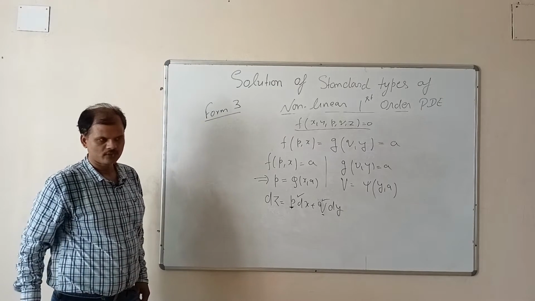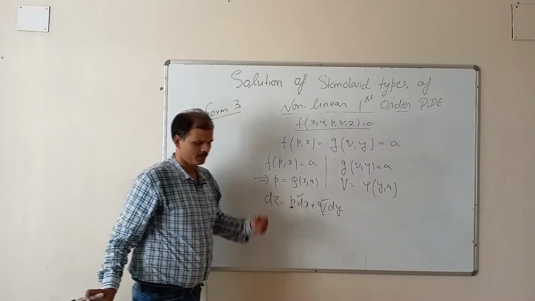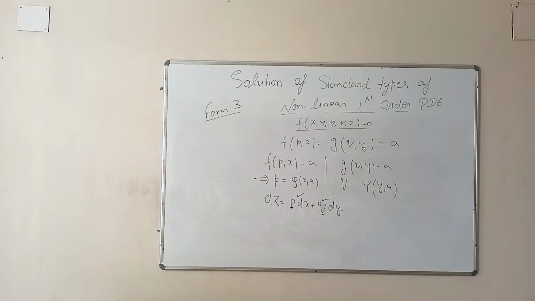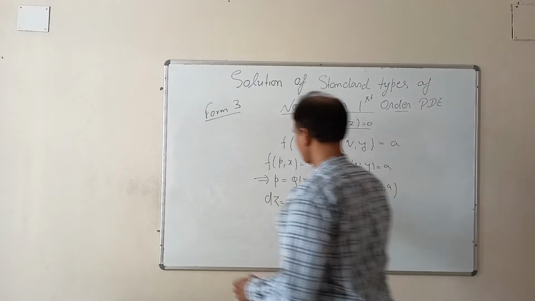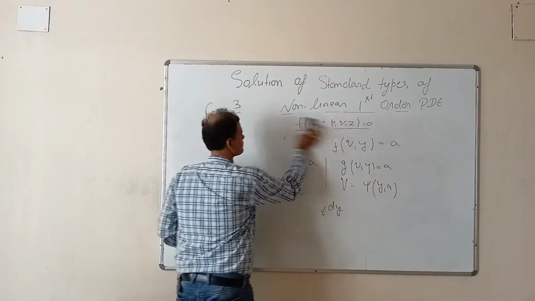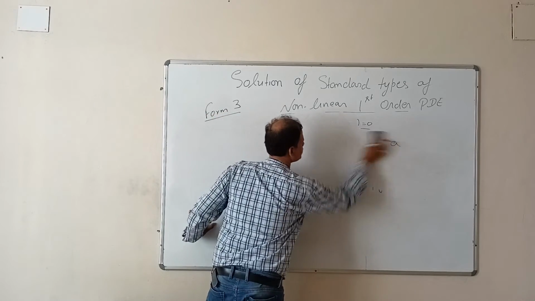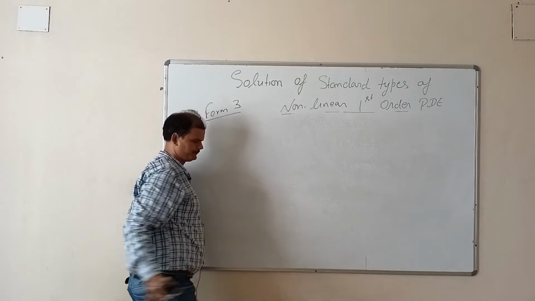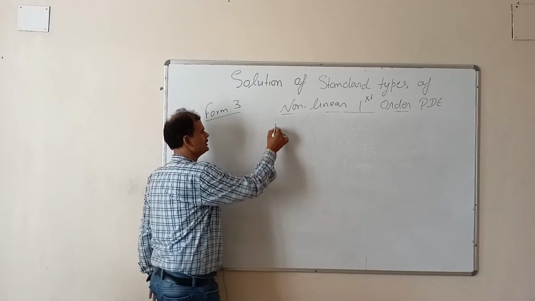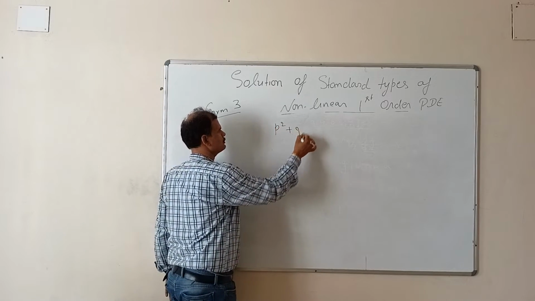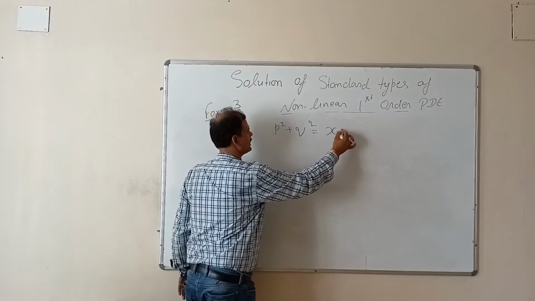Fine. Okay, so I will have a problem based on the standard form 3. We will have one problem, so first I'll take p square plus q square equal to x plus y.